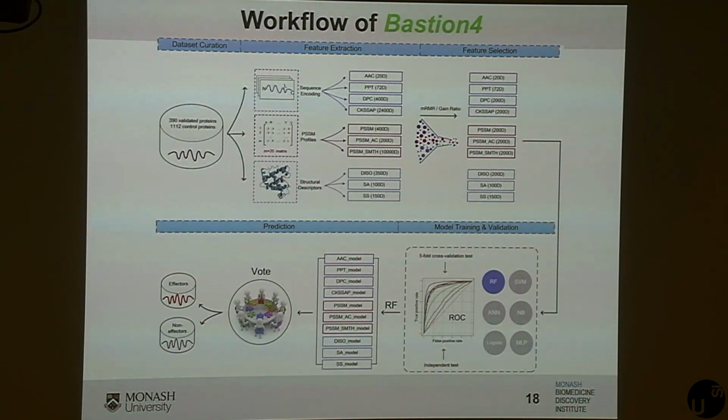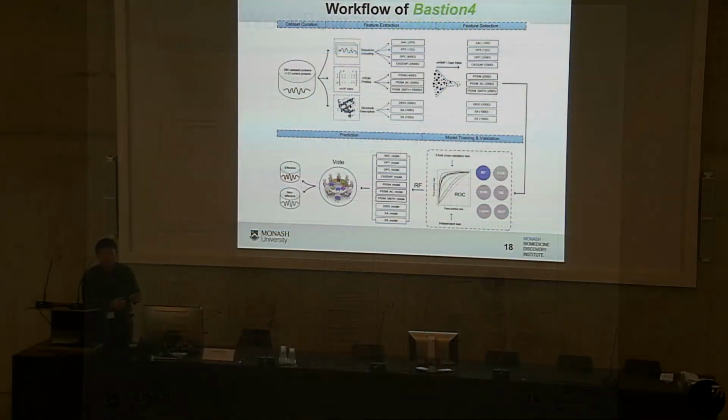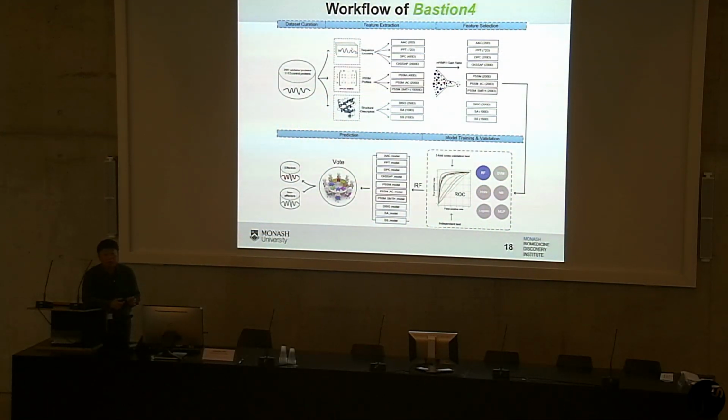First, we constructed a secretion effector database by referring to a number of public databases and also recent literature. We split the dataset into positive training samples and negative samples. We extract a variety of different feature encodings, and for each of the feature encodings, we train a corresponding classifier.